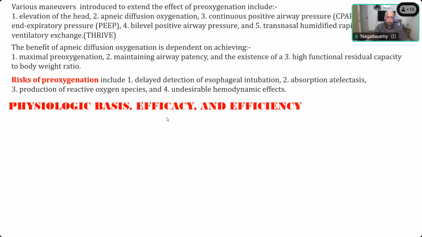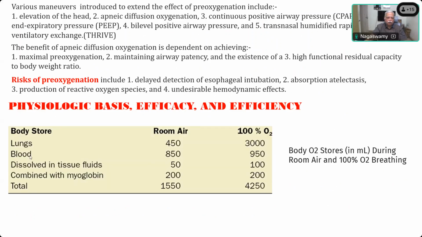Now, physiological basis, efficacy and efficiency. Body oxygen stores in room air and with 100% oxygen are mainly in the lungs. In room air, we have only 450 ml of oxygen, whereas if you inhale 100% oxygen, your lung oxygen storage becomes almost 7 times more than your normal room air breathing.